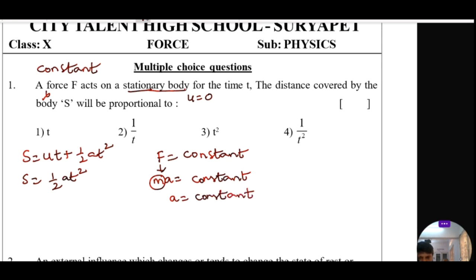Here acceleration is constant. Force is constant means acceleration is constant. And 1 by 2 is constant, a is constant. If you remove equal and constant, we can write S proportional to t square. So here S is distance. So the distance covered by the body S will be proportional to t square. So option 3 is the right answer.